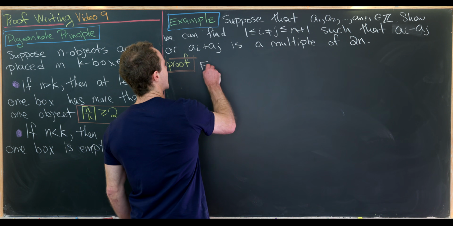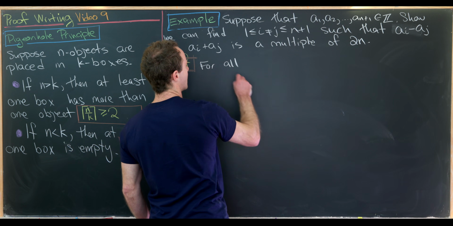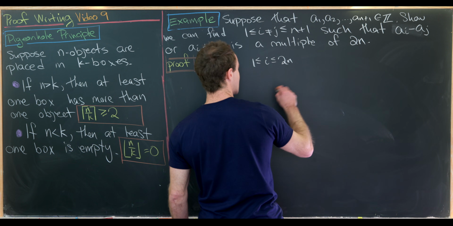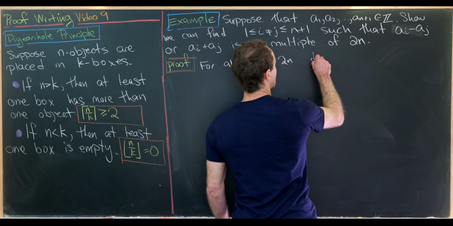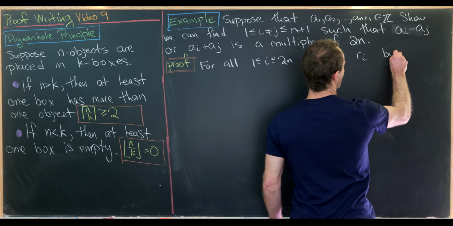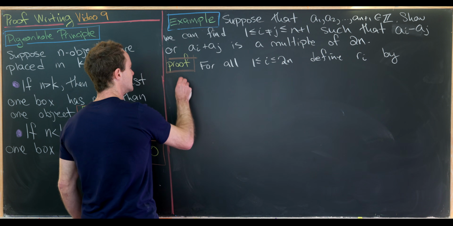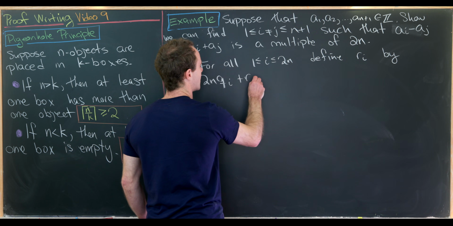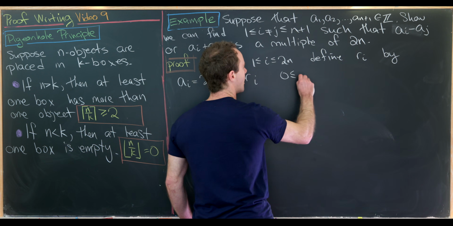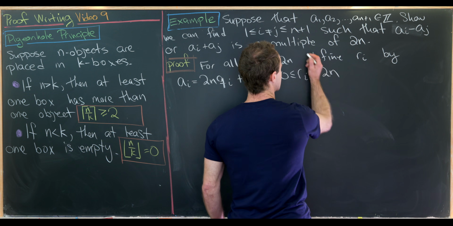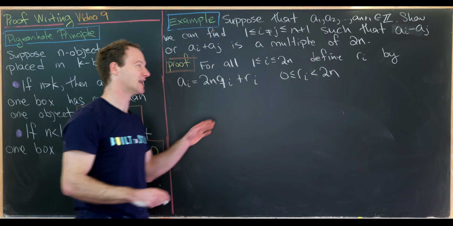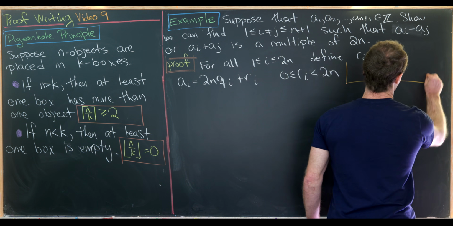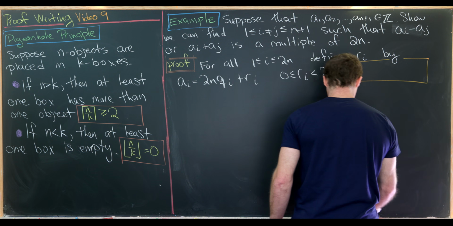So let's define a new set of numbers. So for all 1 less than or equal to i less than or equal to n plus 1, let's define ri by the following equation. So we have ai equals 2n times qi plus ri, where ri comes from the set between 0 and 2n, but it's not allowed to be 2n. Okay, so this is something called the division algorithm, which we talked about in a previous video.